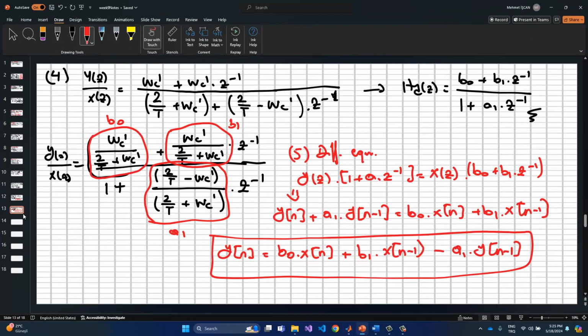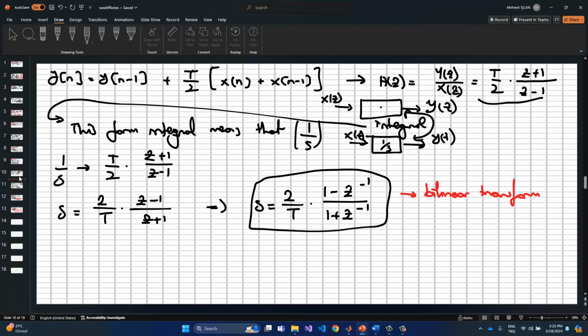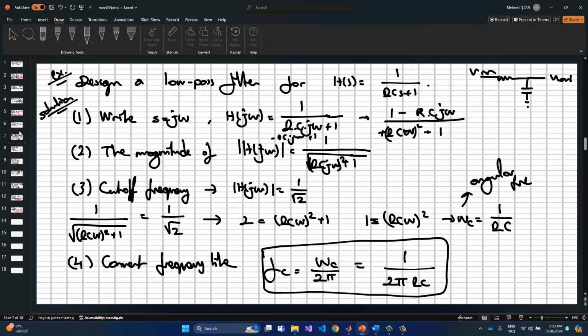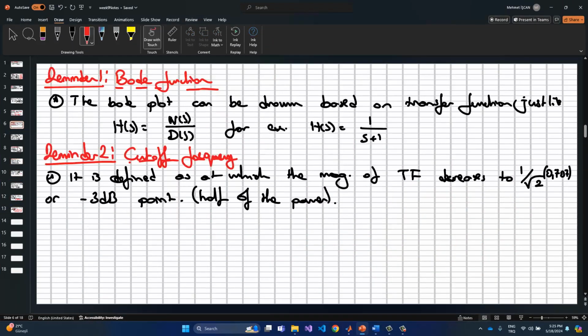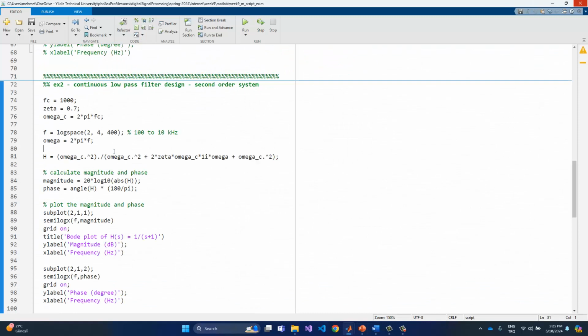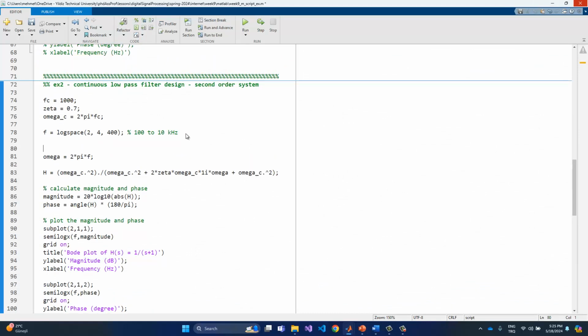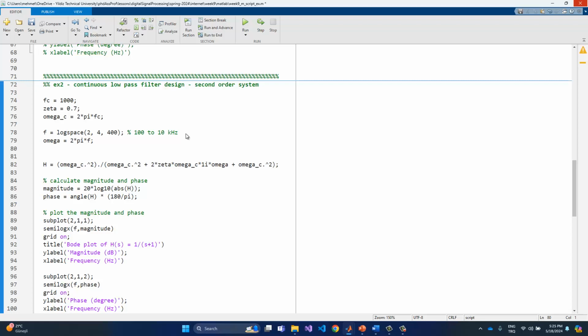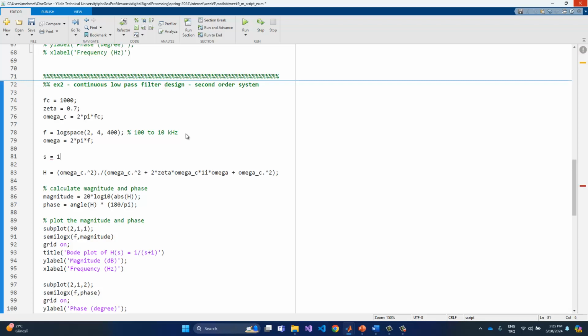Just see that in second order systems we have this kind of representation here, right? And the S must be assigned here, just like this one. This is the omega value, and so S equals 1i times omega, right?